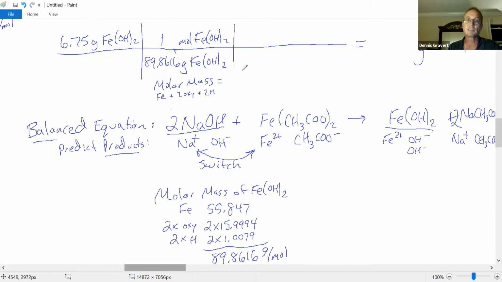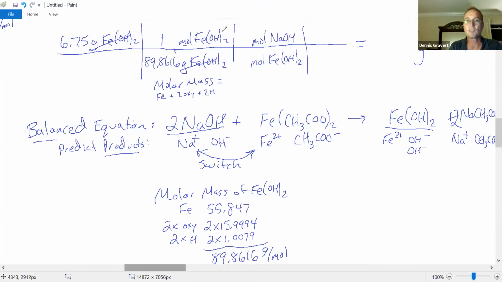That's molar mass. Cool. That takes care of the grams of iron hydroxide. They cancel out. But we've still got more work to do. We're in moles of iron, so we can change the molecules now. So get out of moles of iron hydroxide and change them into moles of sodium hydroxide.